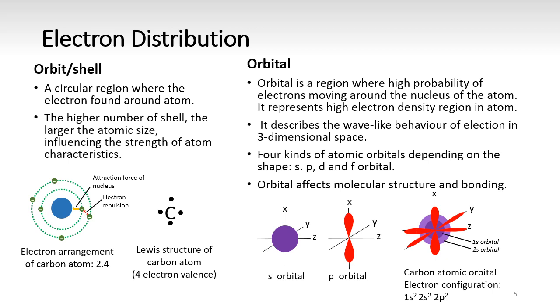Another 2 electrons locate in the s orbital of second shell, while the remaining 2 electrons locate in the p orbital of second shell. From the diagram, it illustrates that 2s orbital is larger than 1s orbital. The electron in p orbital can move freely at either x, y, or z axis.